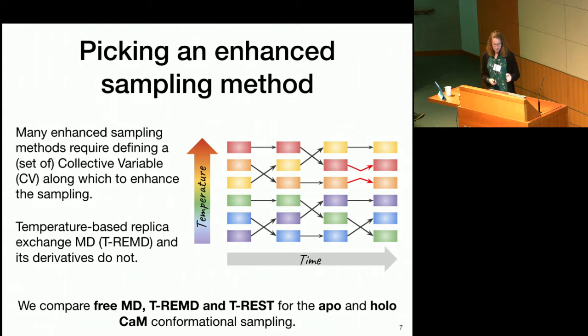And so the idea is that these methods have been around quite a long time, but they haven't really been contrasted, and the computational cost associated with these three methods on such a complex problem has not been fully evaluated.